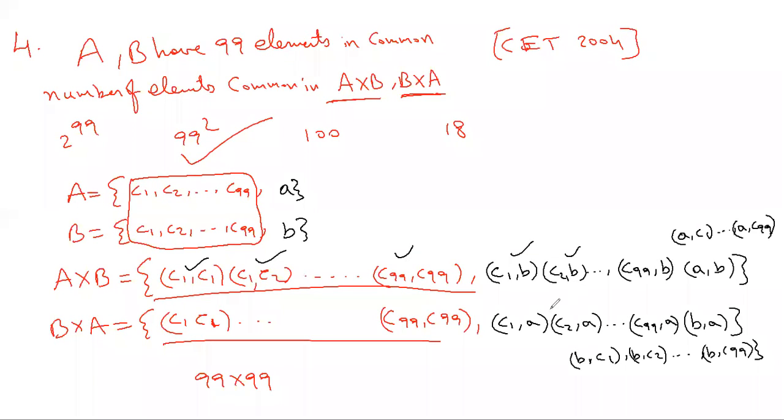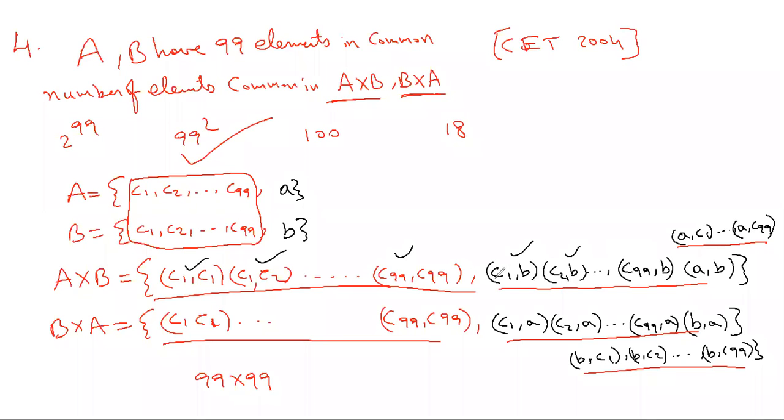You can see that none of these elements can be common. In all these elements, the extra elements, you can't find anything common. When it is starting with C's common elements, it will end with B, and when it is starting with A, it ends with C. Here, when it is starting with C, basically you'll have the reverse of that and this.